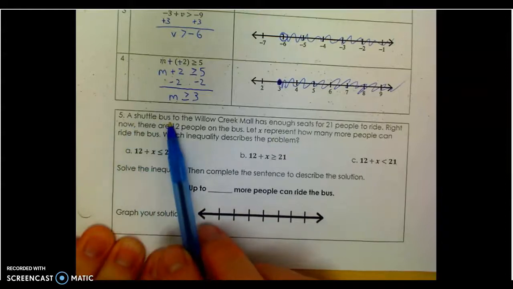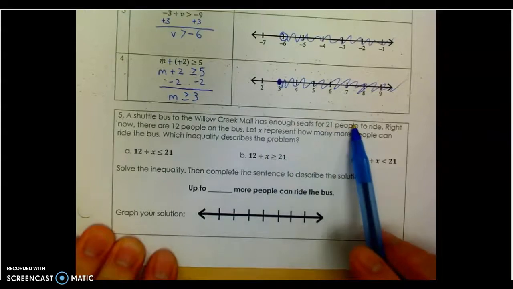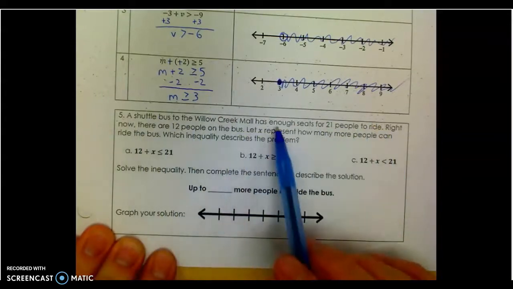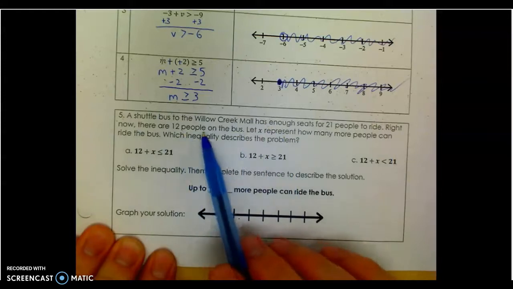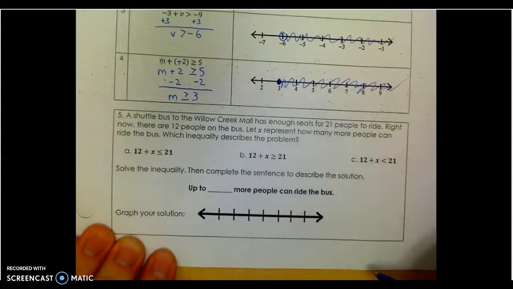A shuttle bus to the Willow Creek Mall has enough seats for 21 people to ride. Right there, we're actually given a lot of information. Okay, we know there's enough seats for 21 people to ride. So we think to ourselves, can 22 people ride?